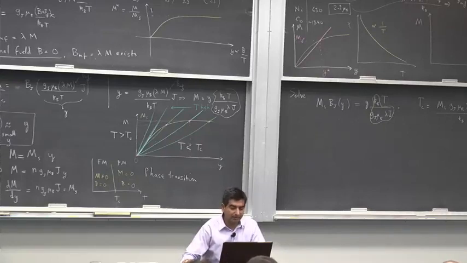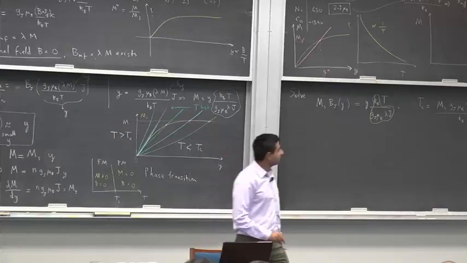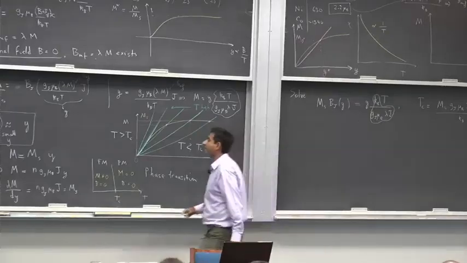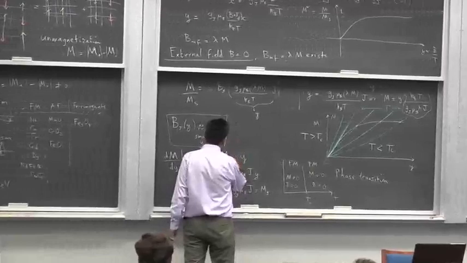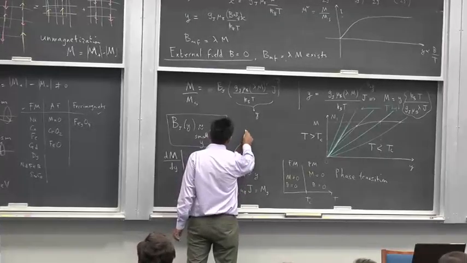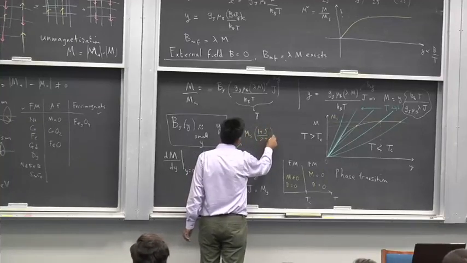So this is B_J(y). This is a plot. Now I would like to relax this requirement that we have a spin half. So if I have a spin J, okay, and if I just look at the first coefficient, the lowest order coefficient is (1 plus J) over 3J, so this is Ms (1 plus J) over 3J times y.